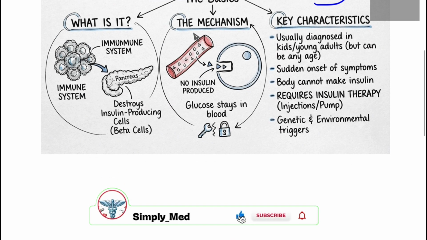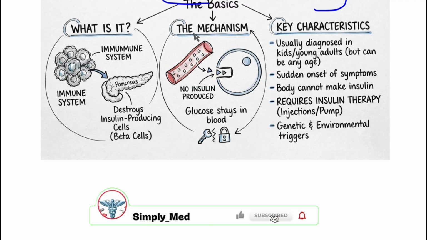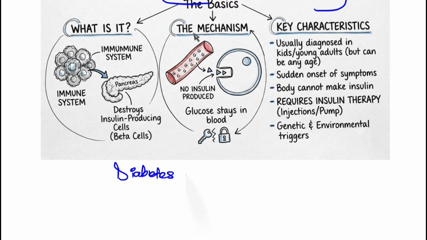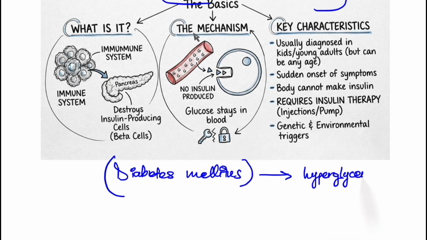Diabetes mellitus is basically a group of metabolic disorders that are characterized by persistent hyperglycemia. So this means that there is an abnormally high concentration of glucose in the blood.